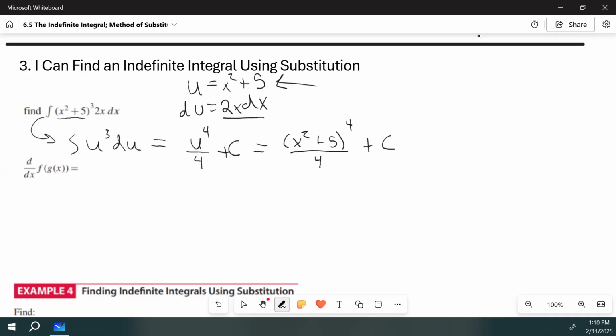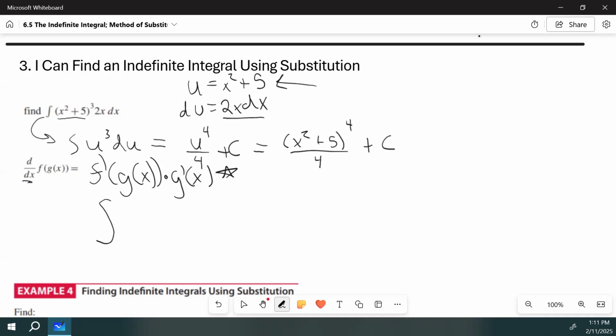If you remember, the derivative of f of g of x is equal to f prime of g of x times the derivative of g of x. Now, the chain rule provides a nice template for finding integrals that have that form.